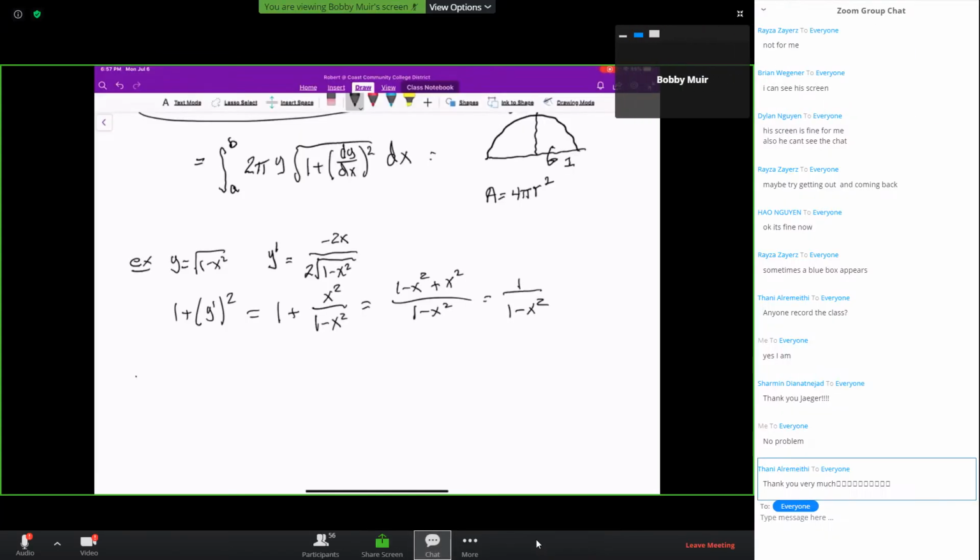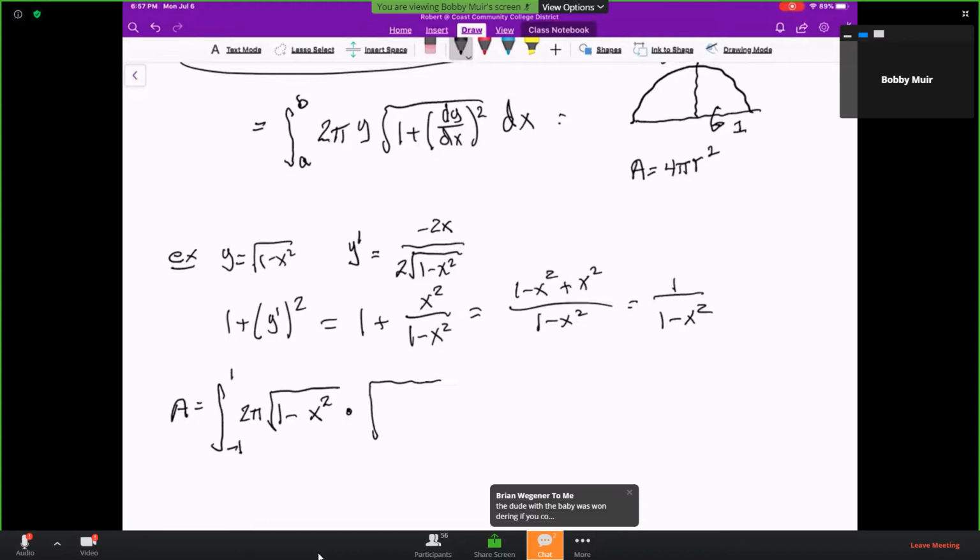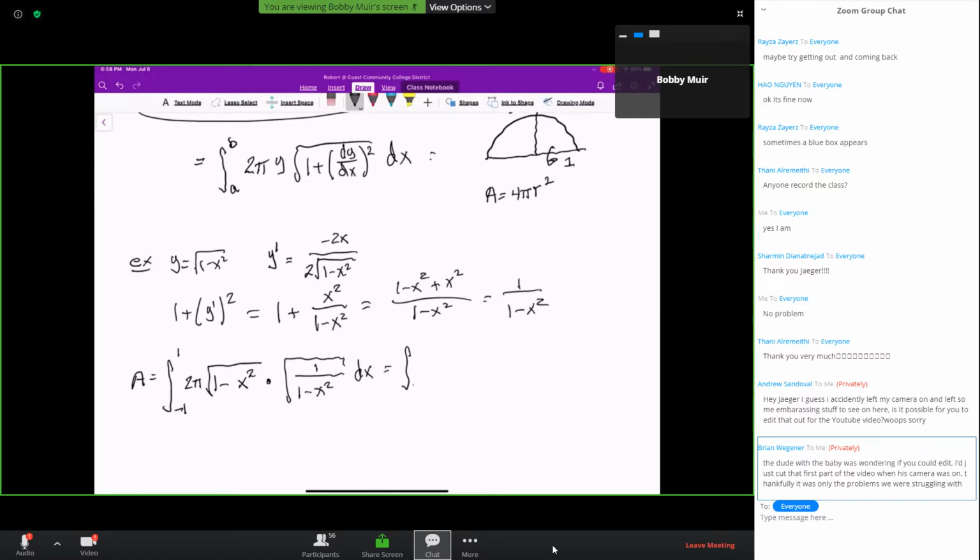Okay, so our area is going to be the integral from negative 1 to 1 of 2 pi radical 1 minus x squared times the square root of 1 over 1 minus x squared dx. And that's easy enough.